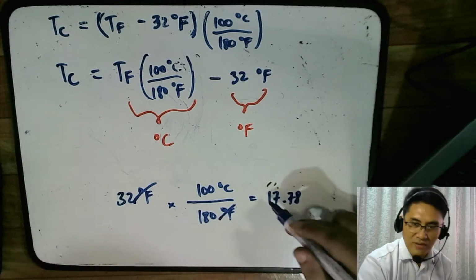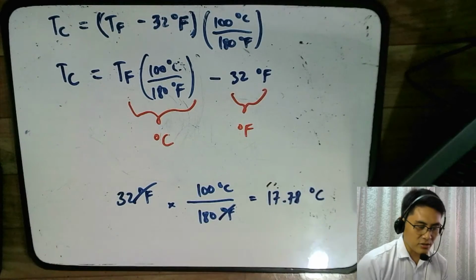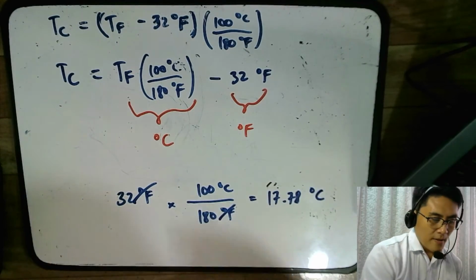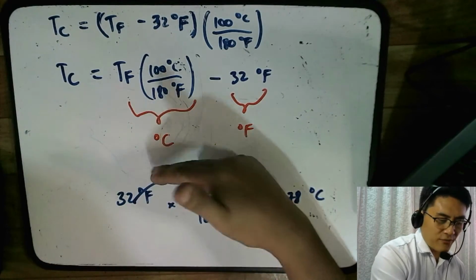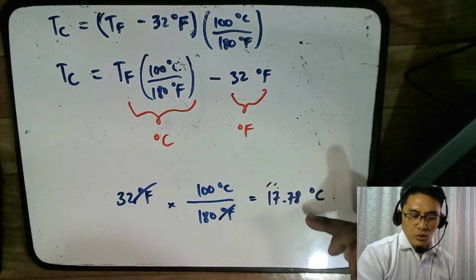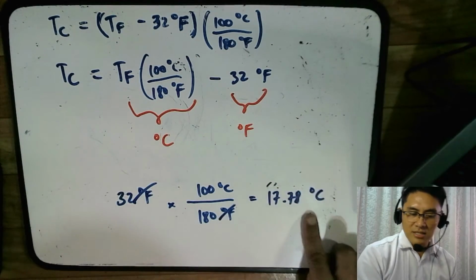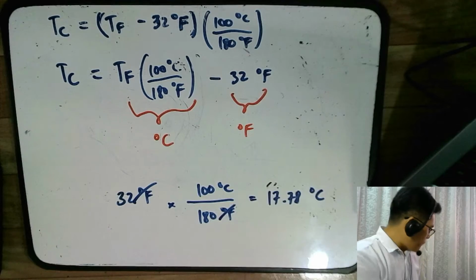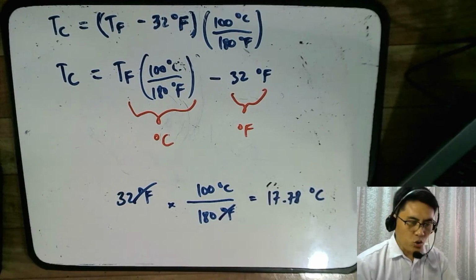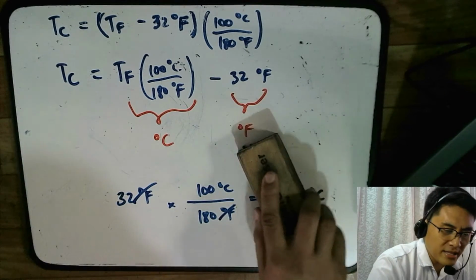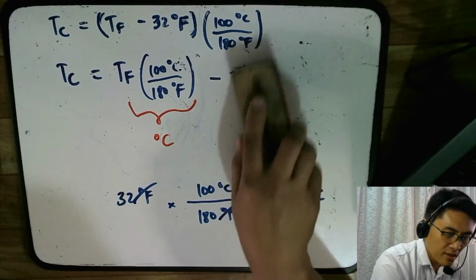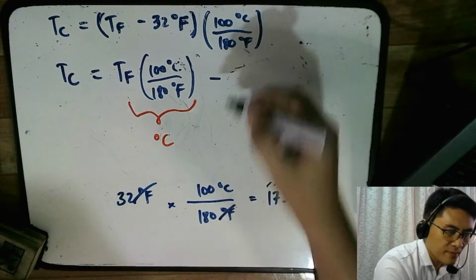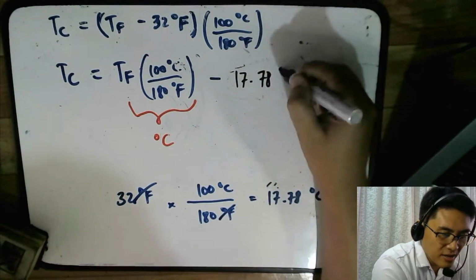Let's just round it off to 17.78 degrees Celsius. So therefore, what this tells me is that 32 steps in Fahrenheit is equivalent to 17.78 steps in Celsius. So therefore, I can totally replace this with 17.78 degrees Celsius.